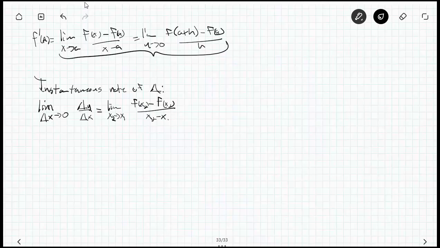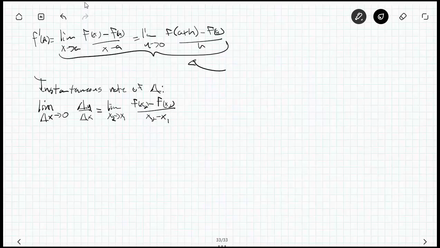Now, these are the ones that are most commonly used. And I'm not going to ask that you memorize these so much as you realize what's really going on. Delta y over delta x is just slope. F of x2 minus f of x1 over x2 minus x1 is just slope. And then what are we doing? Well, we're letting the denominator go to 0.